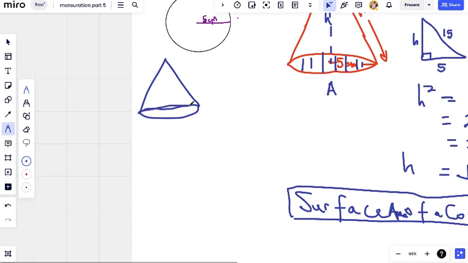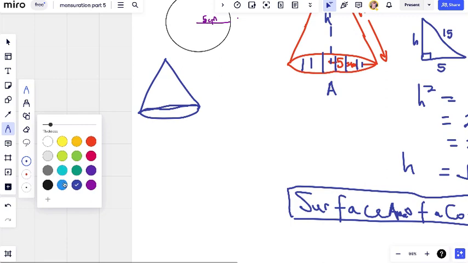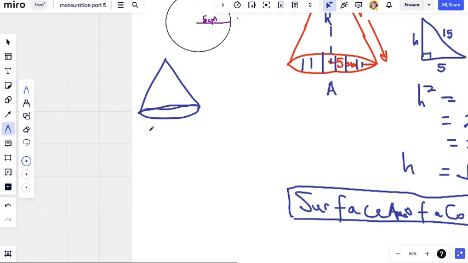Here the radius is 5 centimeter. And the slant height is 12 centimeter.